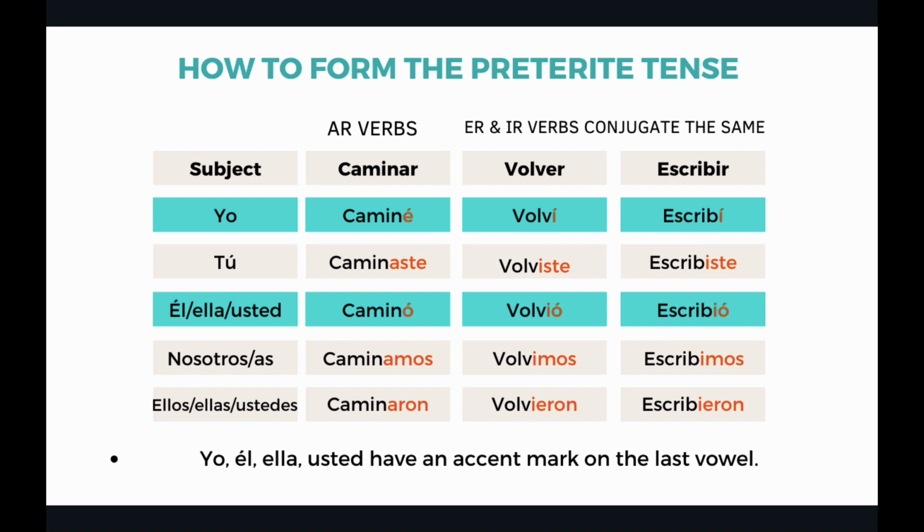Those are in the yo form. And then with the él, ella, usted, we have the o. In all of those forms, we have caminó, volvió, escribió. Accent mark. So when you are talking about the past and you see a verb that has one of these vowels on the end with an accent mark, that is going to be an alert for you that we're dealing with the preterite tense here.